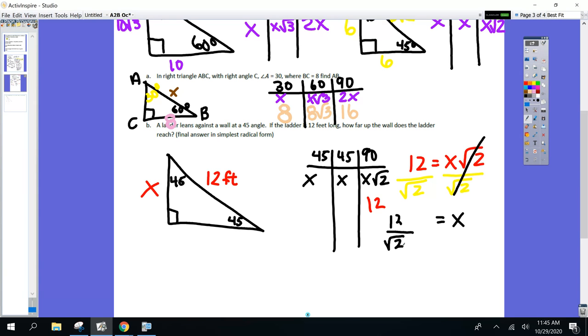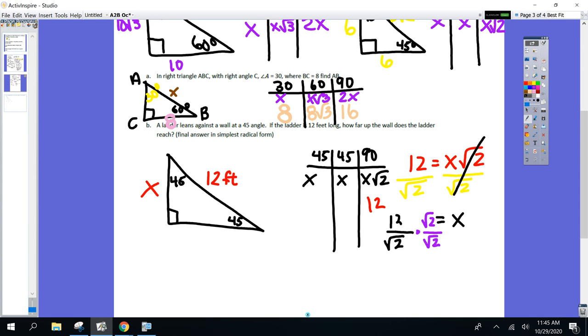You got it, Liz. Way to show off. But guys, you cannot have a radical in the denominator. So to get rid of the radical in the denominator, you multiply top and bottom by that radical.